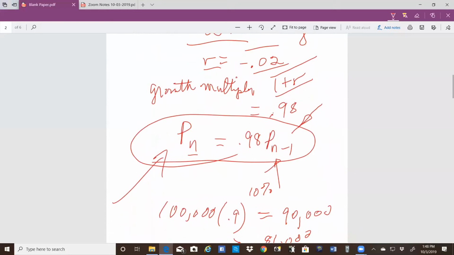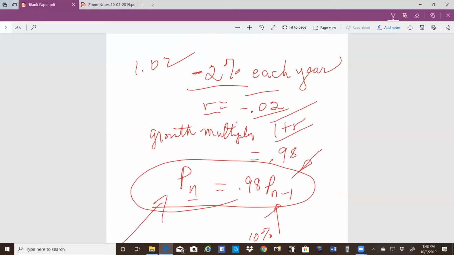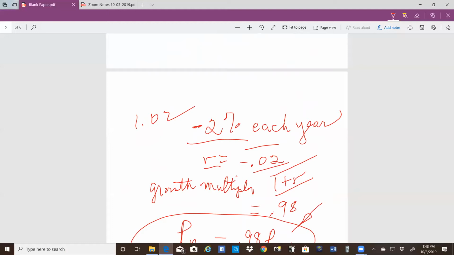Yes, sir. Okay. So with exponential functions, we've got exponential growth, and then we've got exponential decay or decrease, depending on whether the growth rate is positive or negative.